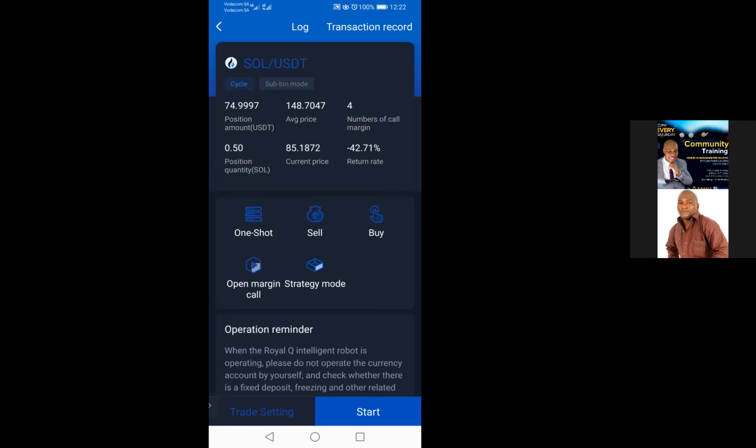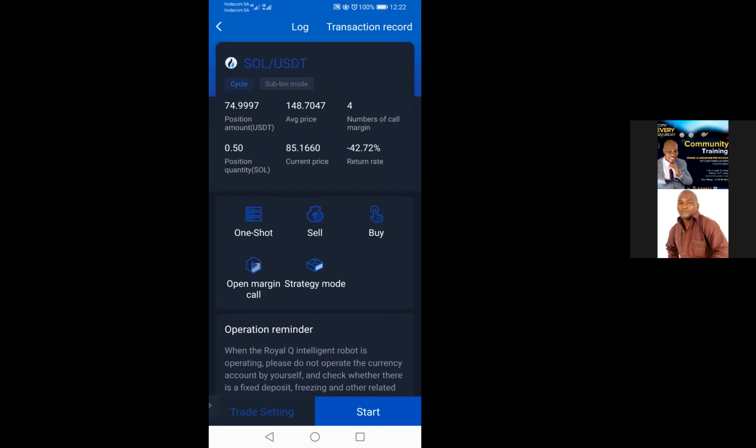Now we're going to have 11 numbers of call margin, but there's something that we need to do to make sure that this 11 works nicely, because already 4 is taken. From that 4, we're going to add 11. So which means 11 plus 4, it gives us 15 number of margin calls.